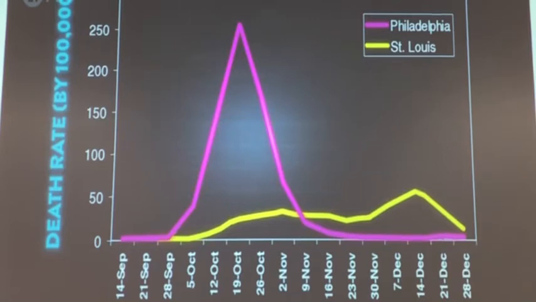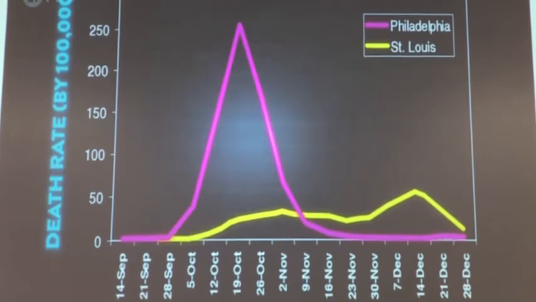Again, notice how the death rate mimics the exponential curve here in Philadelphia. Notice St. Louis has quite a few fewer deaths compared to Philadelphia during this terrible epidemic.